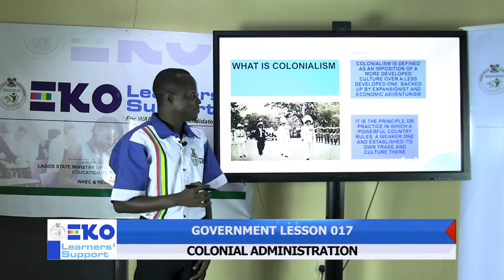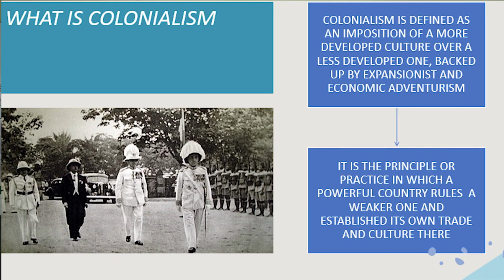What is colonialism? Colonialism is defined as an imposition of a more developed culture over a less developed one, backed up by expansionist and economic adventurism. It is the principle by which a powerful country rules over a less powerful one and establishes its own trade and culture there.